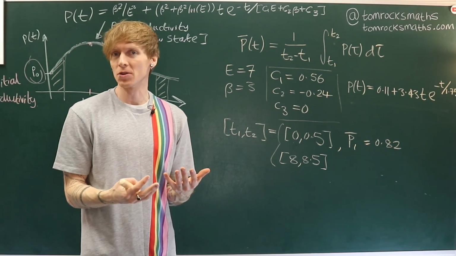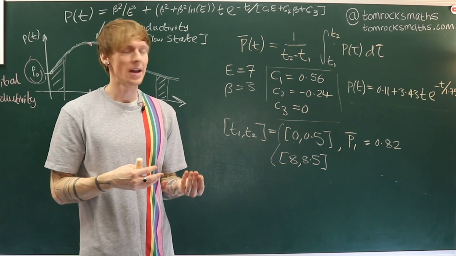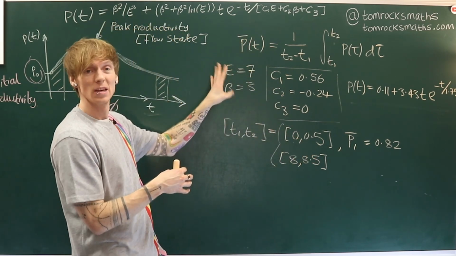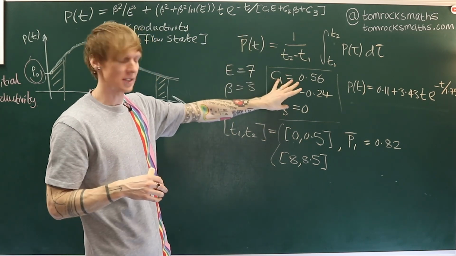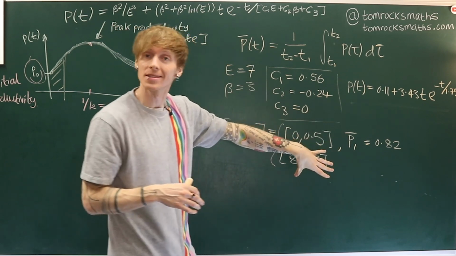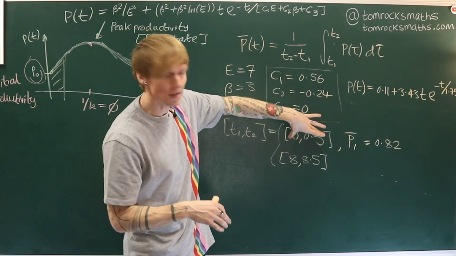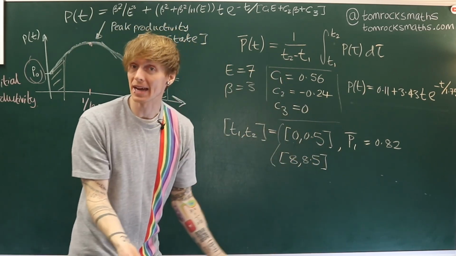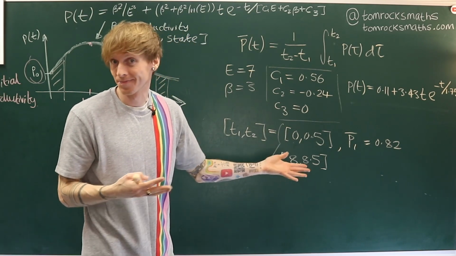Now, before I give you the numerical answer, think about this for yourself. Do you expect your productivity for a task that you don't enjoy and takes a lot of effort, do you think you'll be more productive in those first 30 minutes? So even though it's going to be quite hard, you've got to get to grips with it, but those first 30 minutes, or will you be more productive having done it for 8 hours, potentially now being a little bored and a little tired?